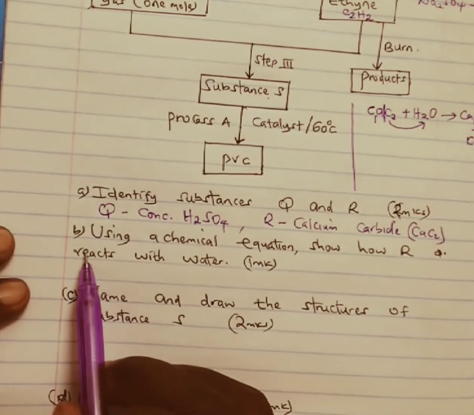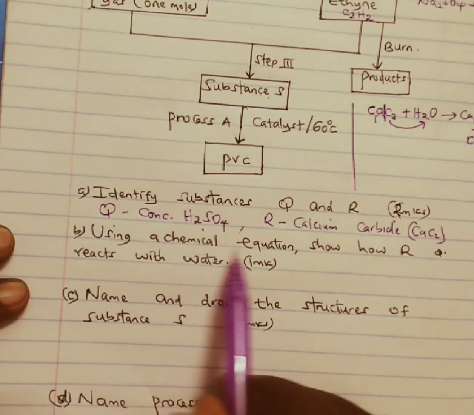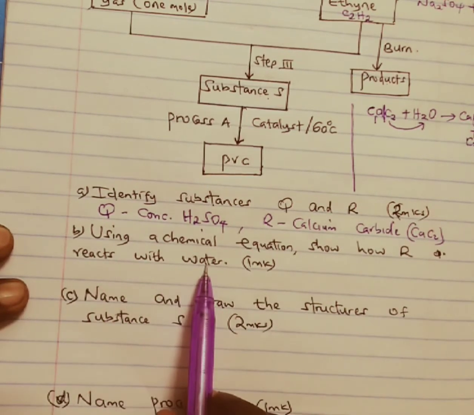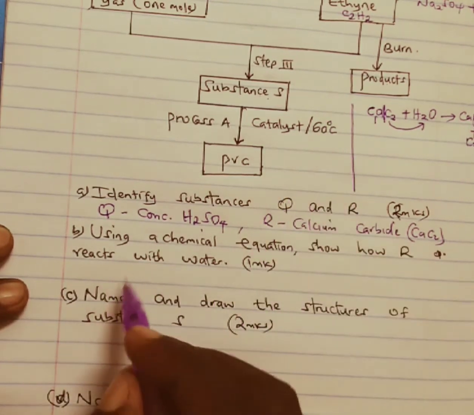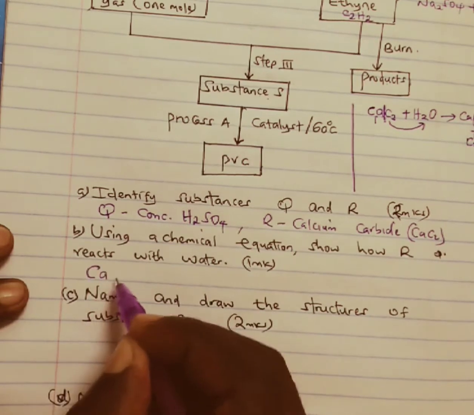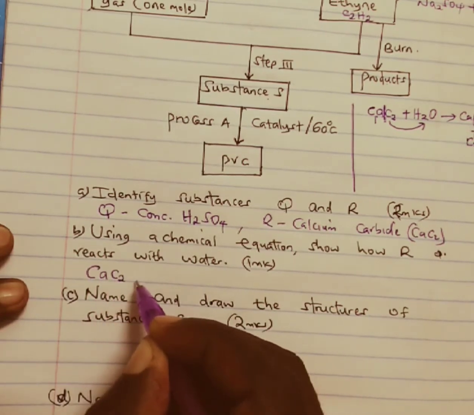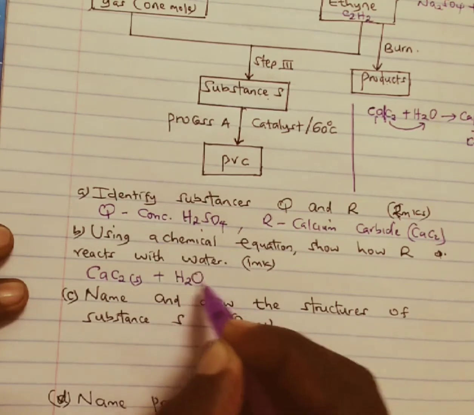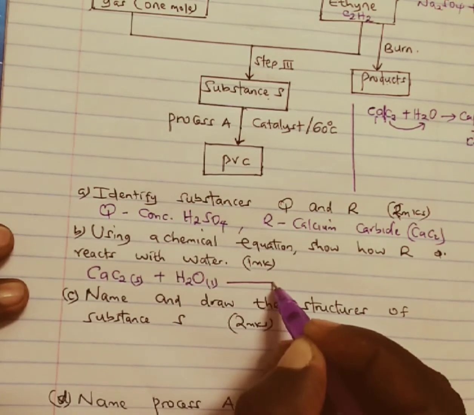Next is part B. Using a chemical equation, show how R reacts with water. So we have already seen that R is calcium carbide, a solid, plus water. Water is a liquid.